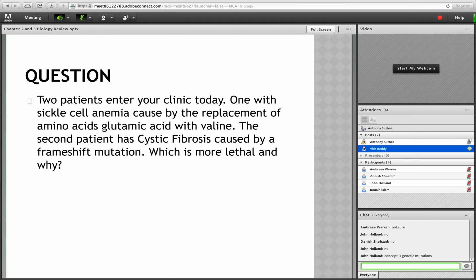Either click I don't know or say something. Okay. Darnish, do you know? The question is that with cystic fibrosis, it's a defect in the chloride channels, but it can involve anything with a tube.